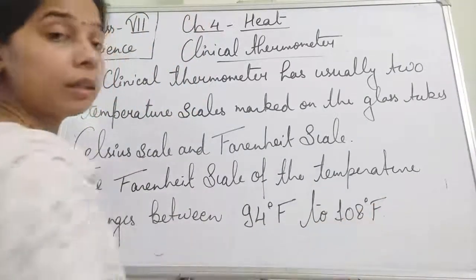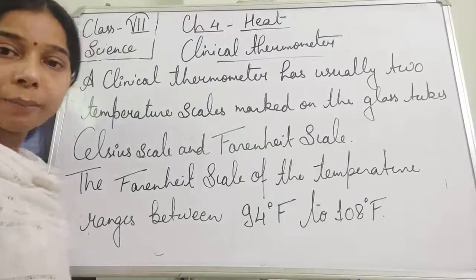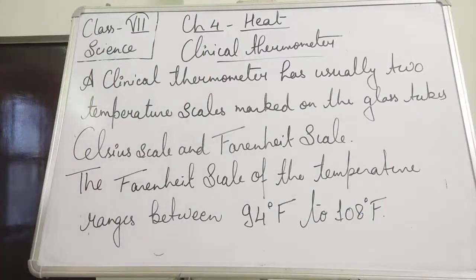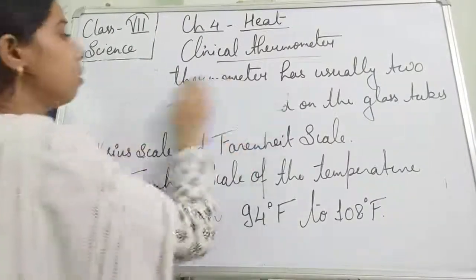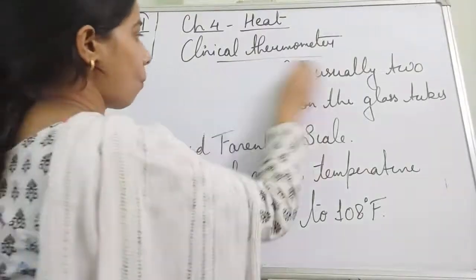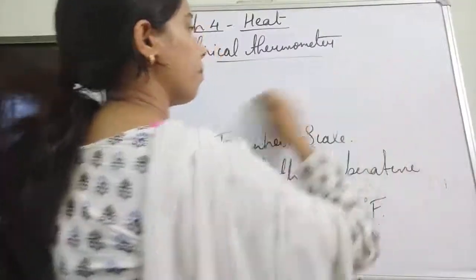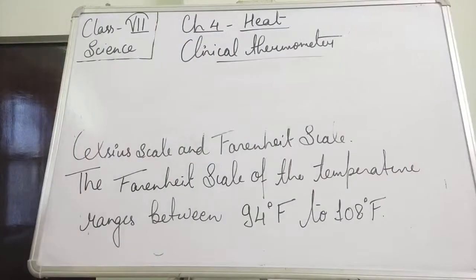This is the range of the Fahrenheit scale. And the normal temperature of a human body on a Fahrenheit scale is 98.6 degree Fahrenheit.